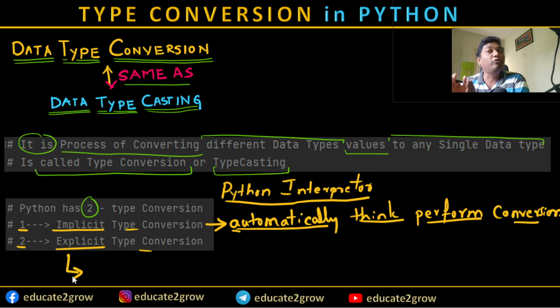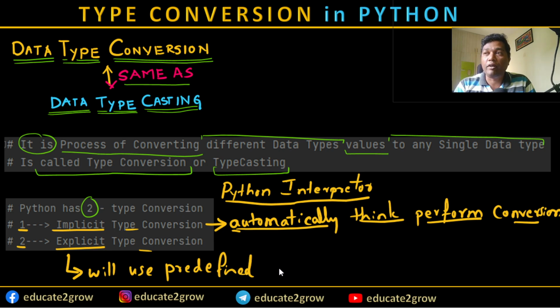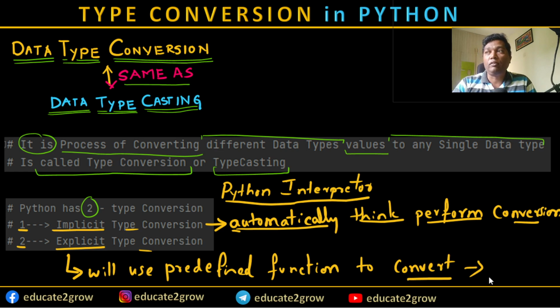You have to tell the interpreter, read this, perform the action. In that case, we will use a predefined function to convert first, then perform the rest of the operation.